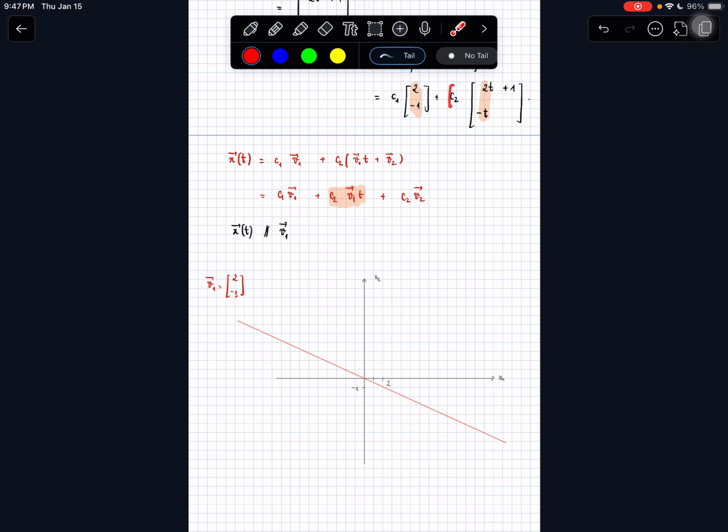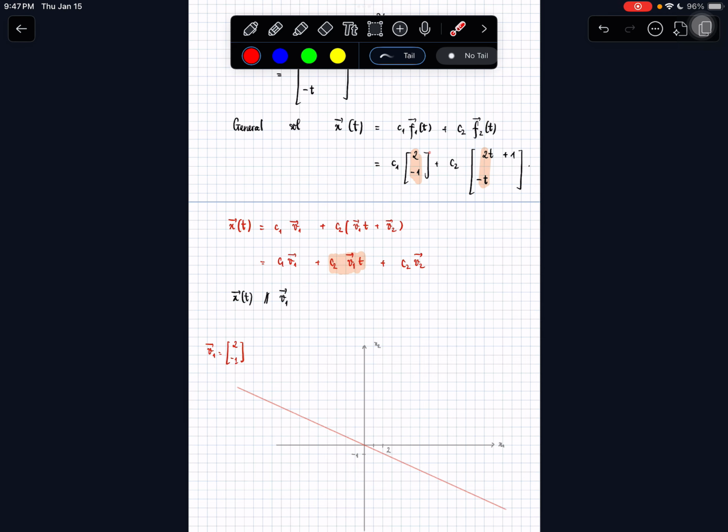If c2 is 0, the solution is just a point depending on c1, a point on this line. Otherwise, if it's not a point on the line, then it will be parallel to that.